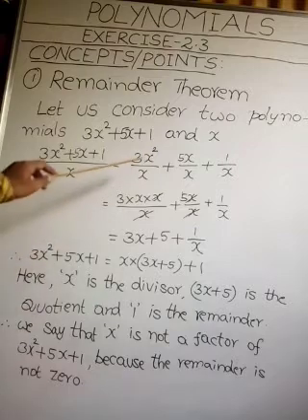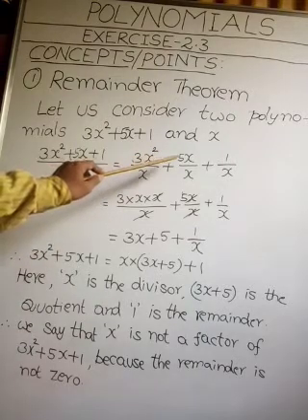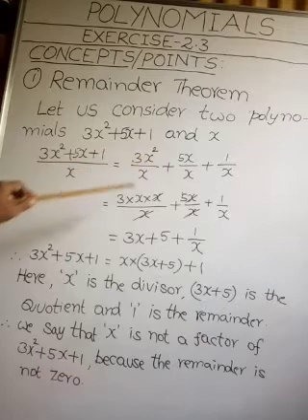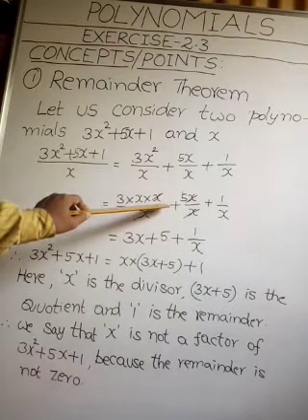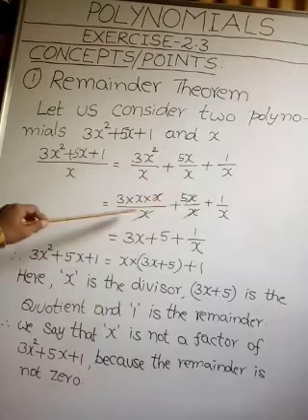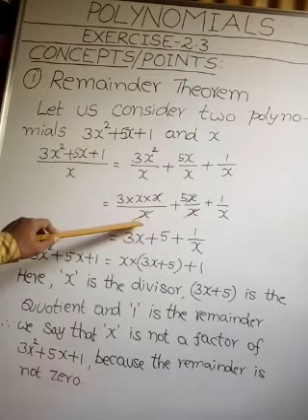Right. So in the numerator 3x square is there. We can expand this term as 3 into x into x. Understood this part, my dear children? In the numerator, right, divided by x. I wrote x as it is.